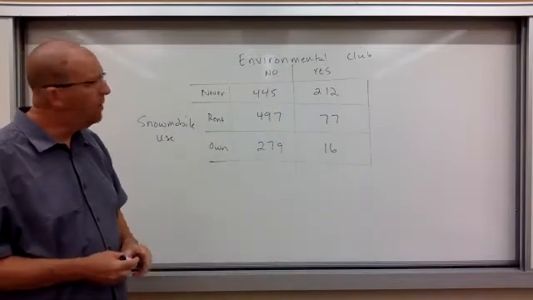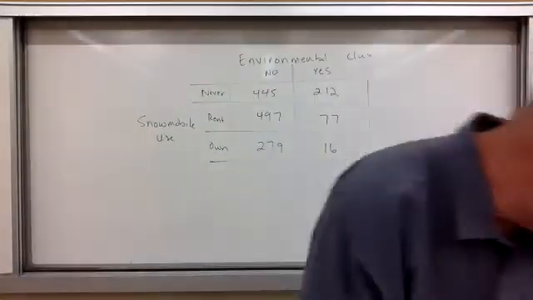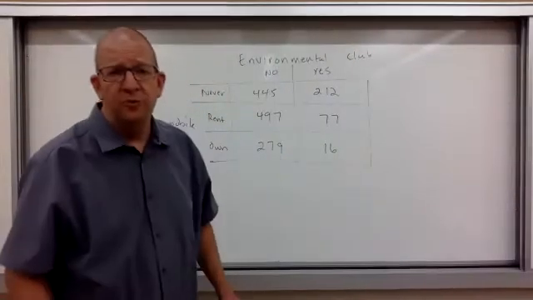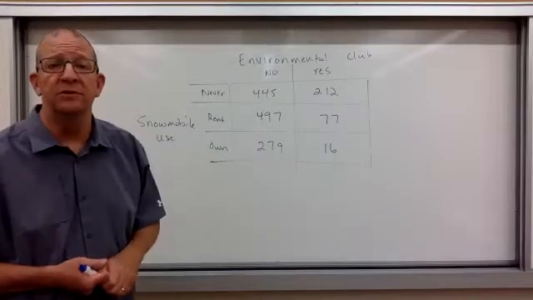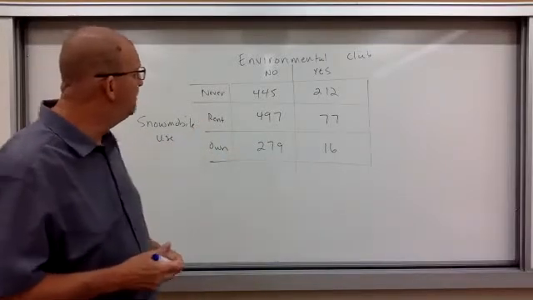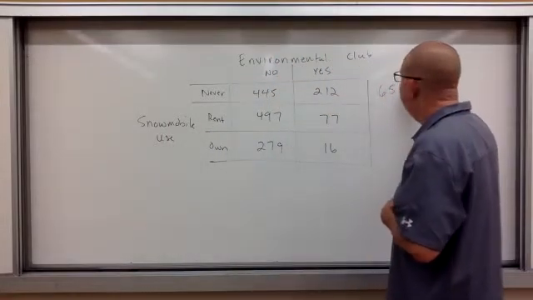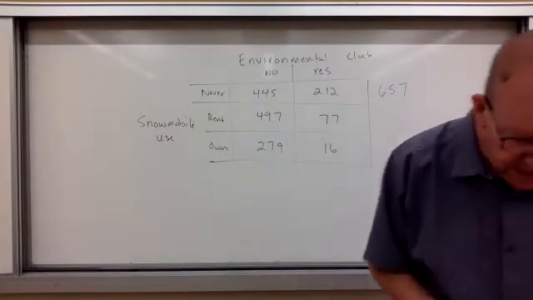All right, so the first thing we're gonna do with the two-way table, and I'll tell you this little trick right now, is we're gonna add up those columns and rows. And let's see what happens. 445 and 212, that's 657. We'll put these in blue, okay?